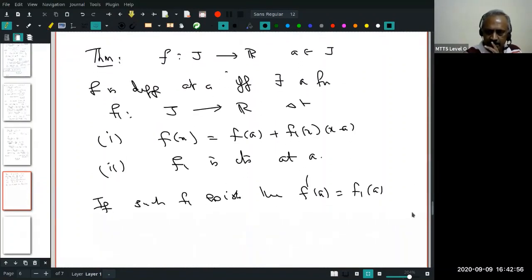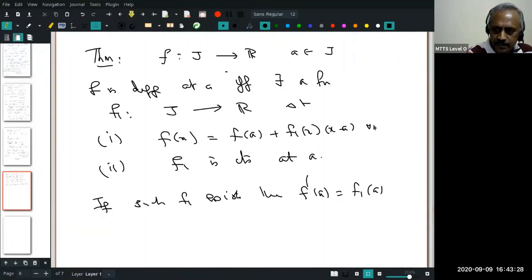Please understand this. F is given. I want to check whether it's differentiable at a. I want to make the problem easier. Differentiability problem, I want to reduce to continuity problem. Okay, how do I do that? I want to say f is differentiable at a if I can find a function f1 which is defined on all of j, f1 from j to r, so that this thing should be true for all x in j.